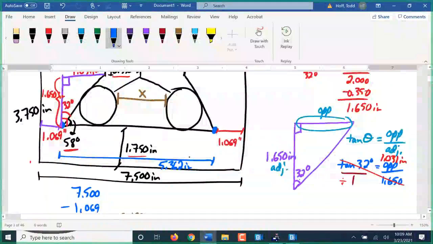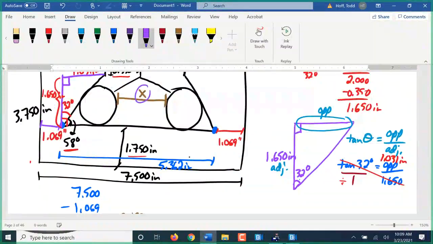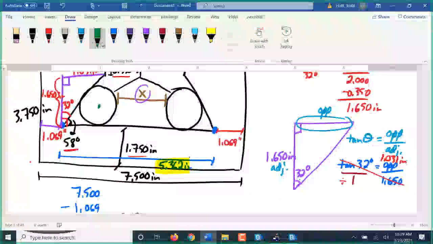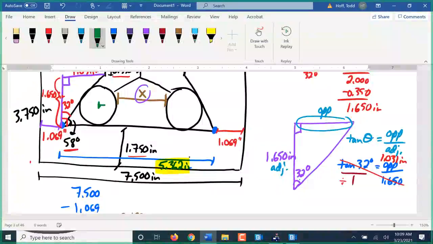So now we need to get down to our dimension x here. To get down to that, we have to subtract pieces off of this 5.362. And the way those pieces are going to be set up, we'll have the center, the radius of the circle here, that dimension can be subtracted from each side.